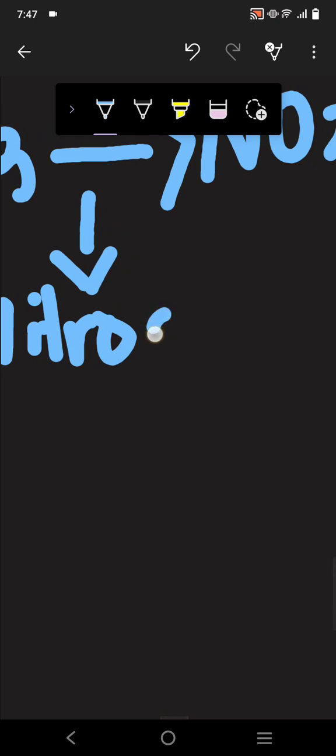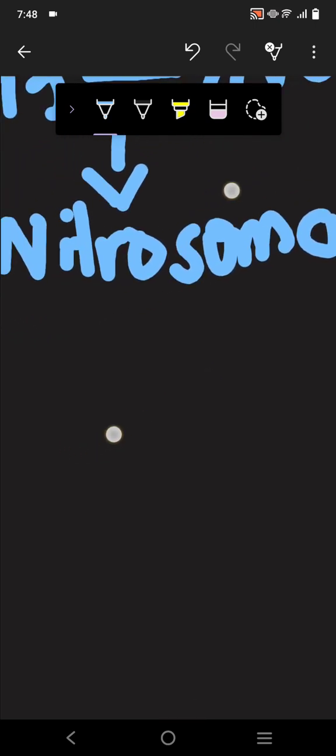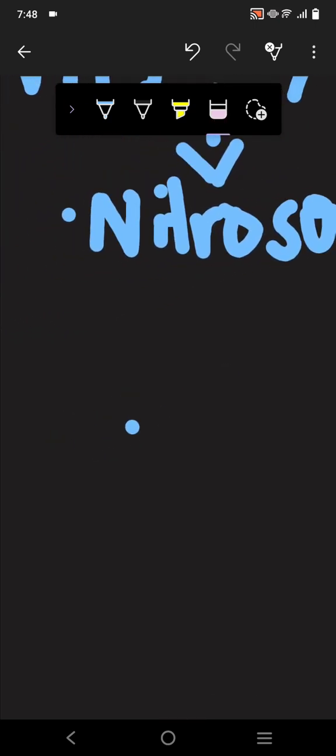Those bacteria are known as Nitrosomonas, and the other type is Nitrococcus.